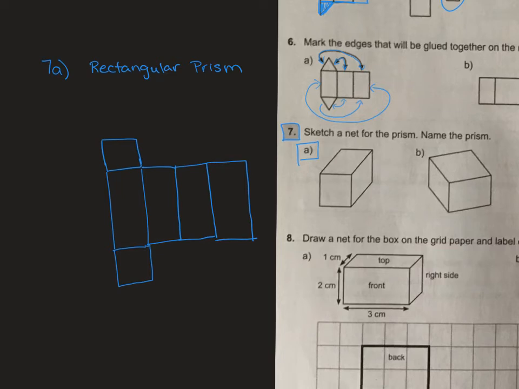So I've got 4 of them so that they connect to all the other faces. There are many different ways of drawing the net, but as long as you have 4 long rectangles and 2 matching squares, and the squares are on opposite sides, you should be fine.